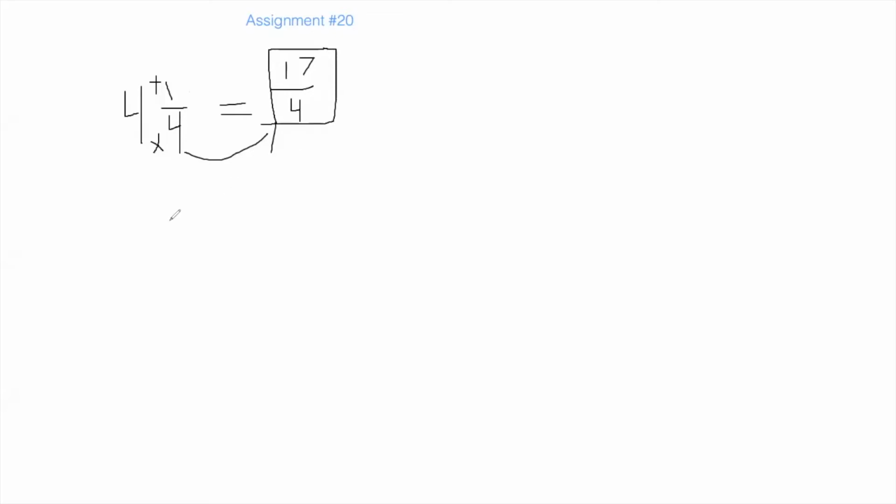And then the next part is going to be when you're adding two fractions. So let's start off with a regular fraction, like 4/3 plus, let's say it was 5/3.